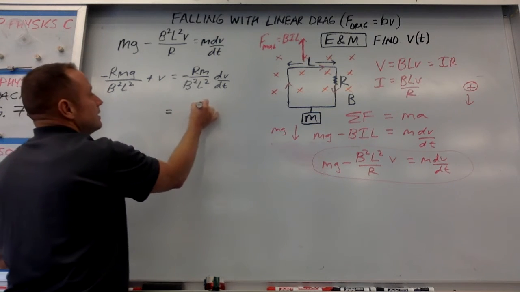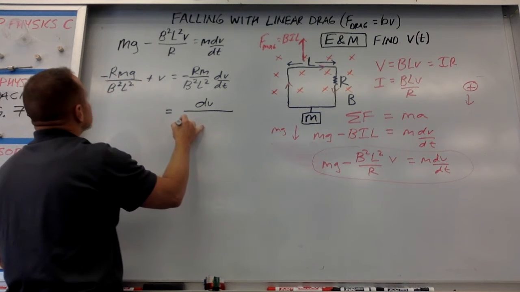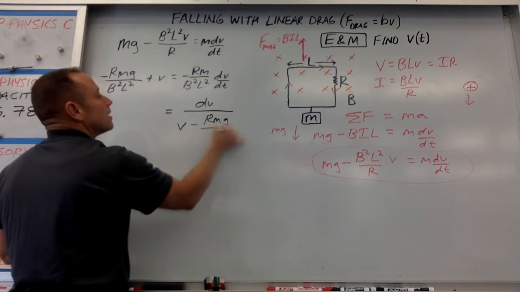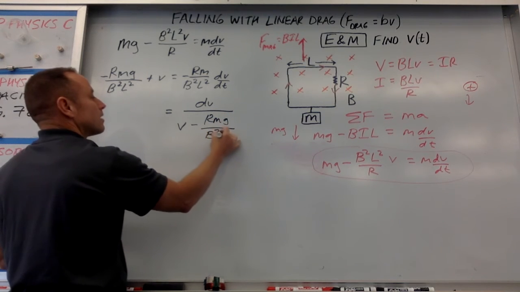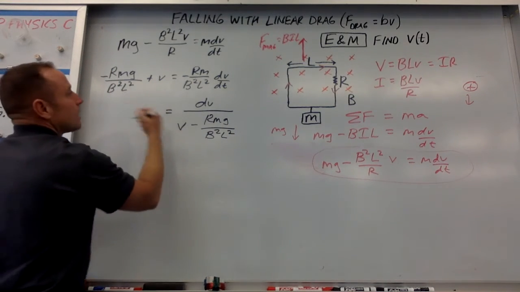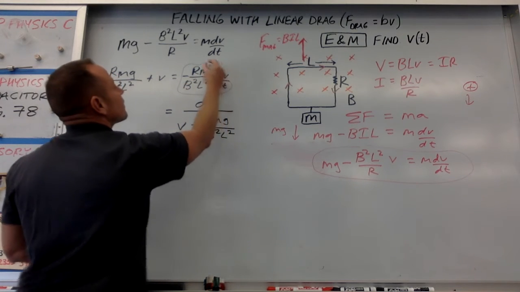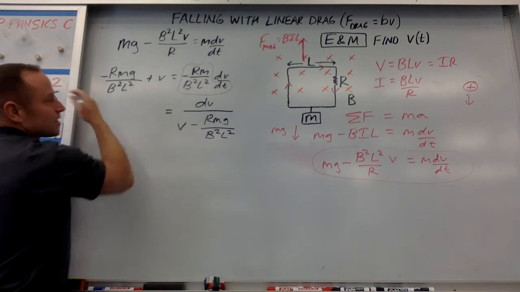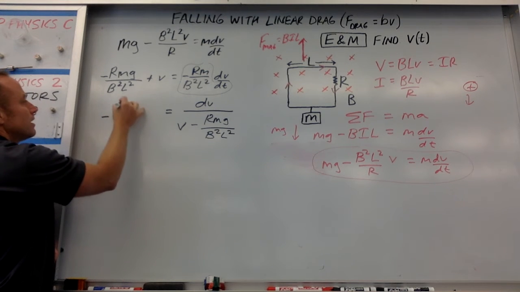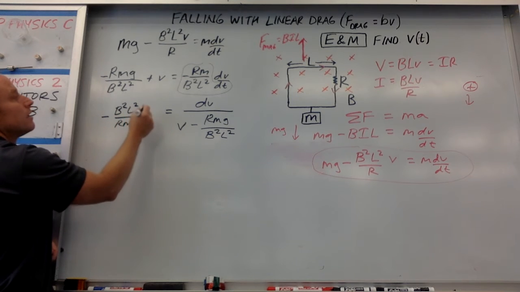So we've got dv over this mess: V minus RMG over B squared L squared. And then everything else is going to go over on the left, the stuff that I'm circling there. So all that junk needs to go on the left. So that's going to be minus B squared L squared over RM dt.